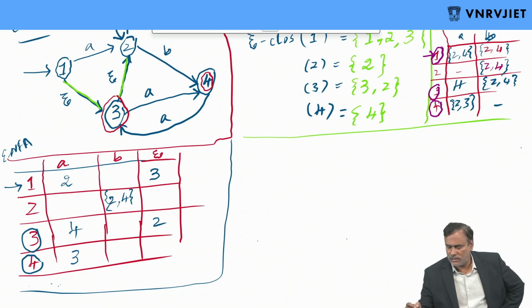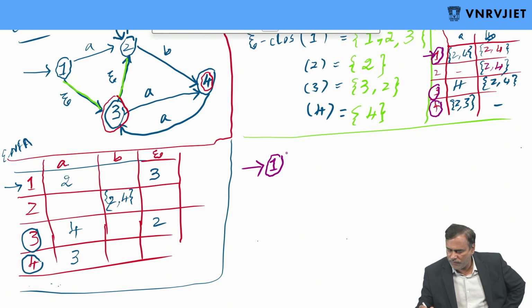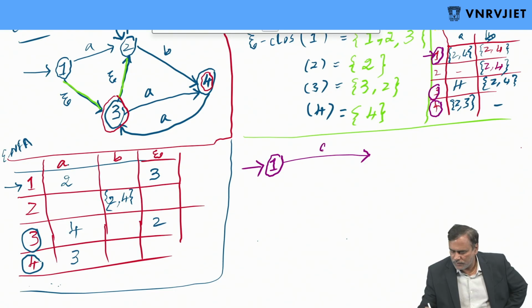So this is what this. Now let me draw this transition diagram. You are known what are the states that you have: 1, 2, 3, 4. So from 1 on input A, you can go to state 2. Also from 1 on input A, you can go to state 4.